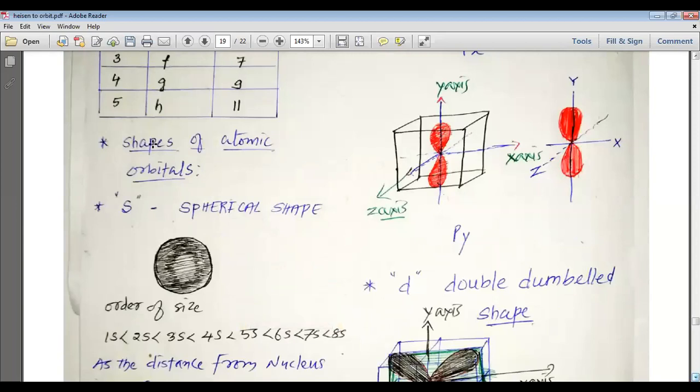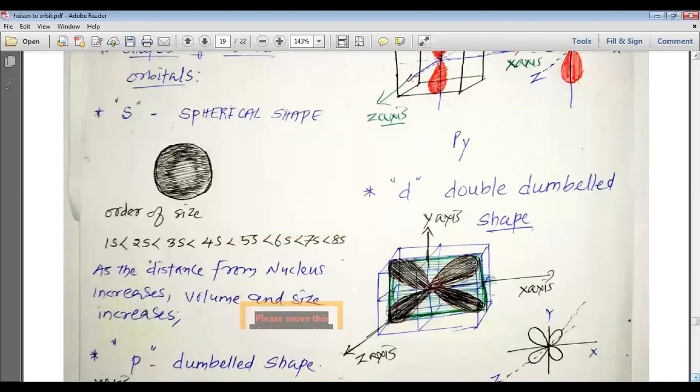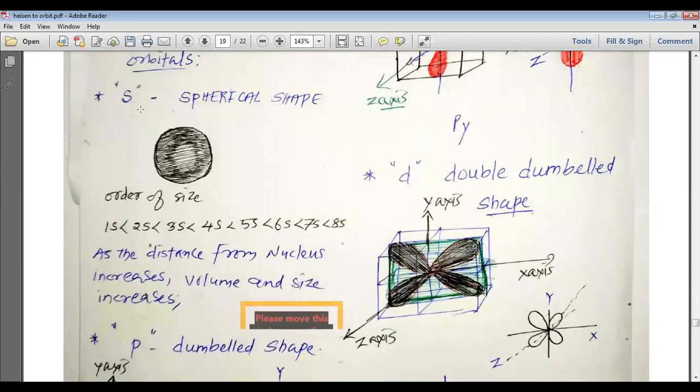Now we should study the shape of atomic orbitals. So let us look at the shape of the atomic orbitals. We have s, which has a spherical shape, and the order of size for s orbitals is always 1s is smaller than 2s, 2s is smaller than 3s, 3s is smaller than 4s, 4s is smaller than 5s, 5s is smaller than 6s, 6s is smaller than 7s, 7s is smaller than 8s.